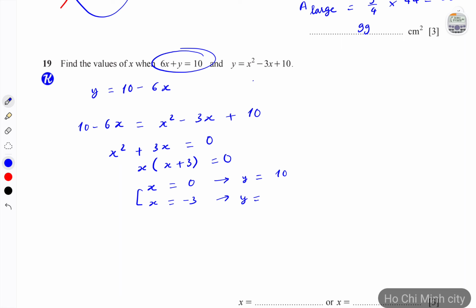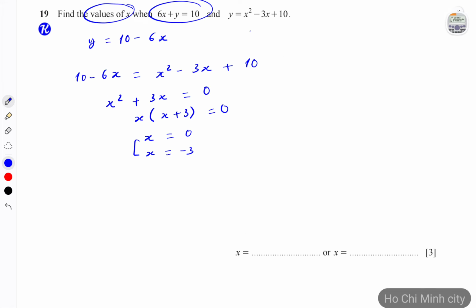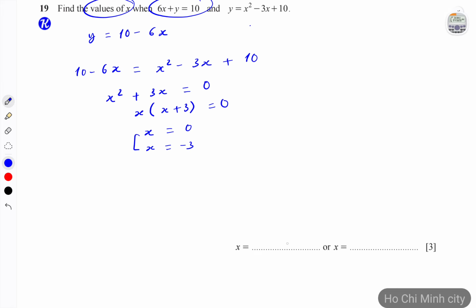And y is 10 minus 6 times negative 3, which is 28. Oh, because they are asking about the values of x, we don't need to calculate the value of y. So this one would be omitted. So x is 0 or x is negative 3.